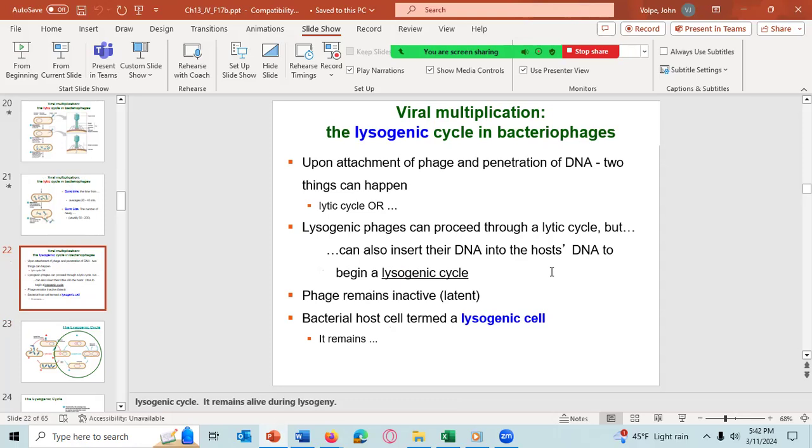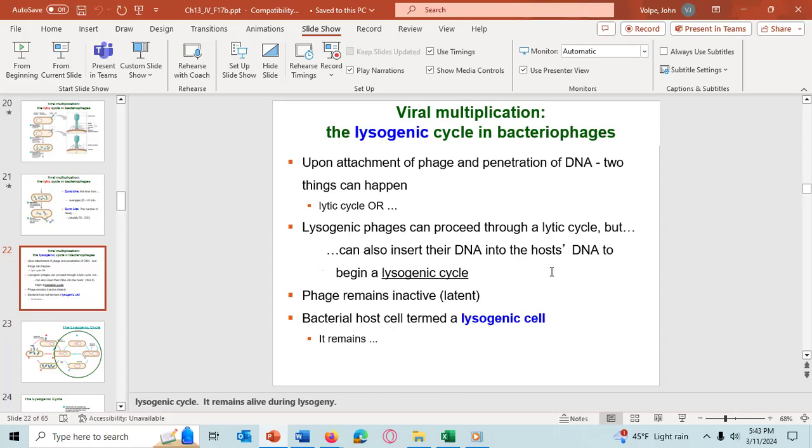Let's talk about a lysogenic virus. So this is another bacteriophage that when it infects the bacteria cell, it can enter the lysogenic life cycle, in which case both the virus and the bacteria host cell will live in symbiosis.